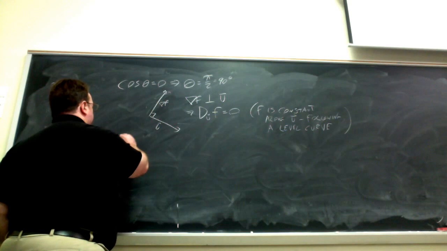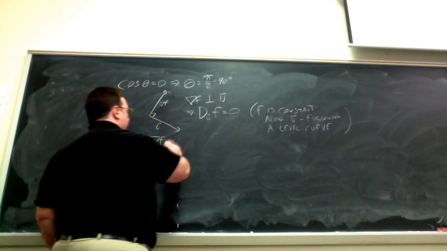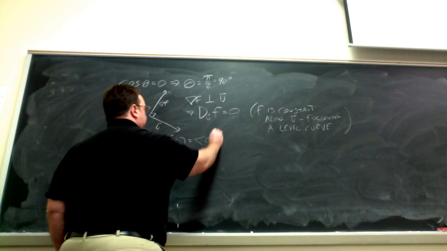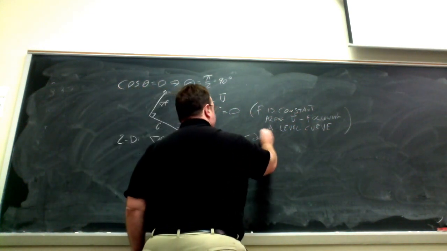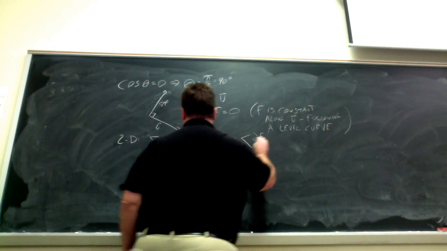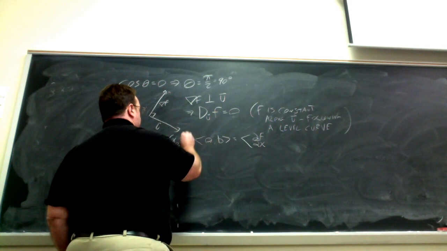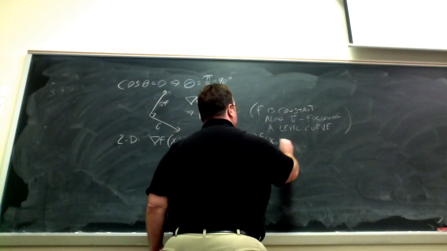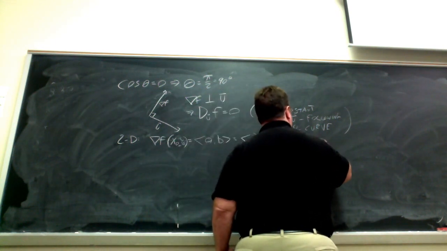So looking at the two-dimensional case, the gradient of f at a certain point x naught, y naught, I'm going to refer to it as components a, b, but that's just going to be the partial of f with respect to x at that point, and the partial with respect to y at that point.